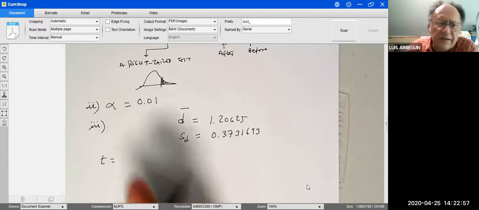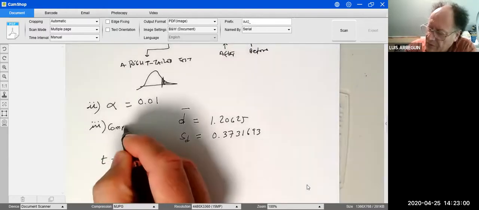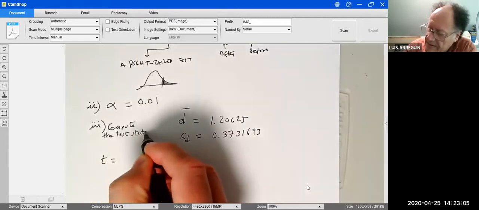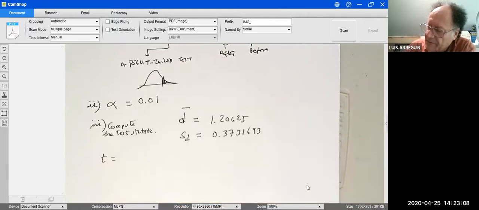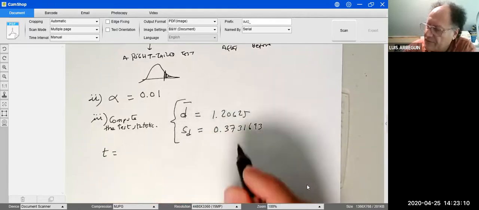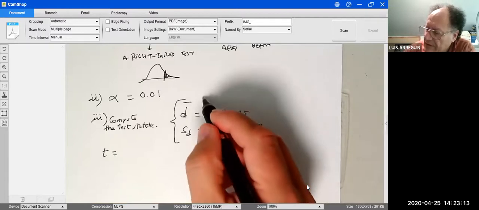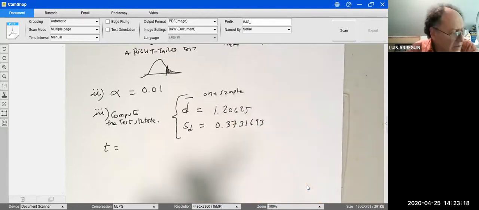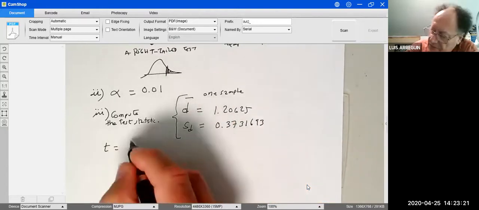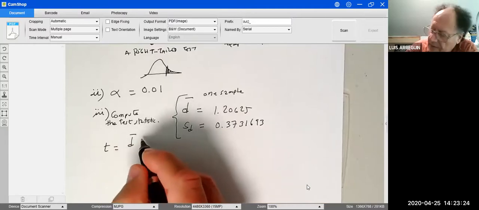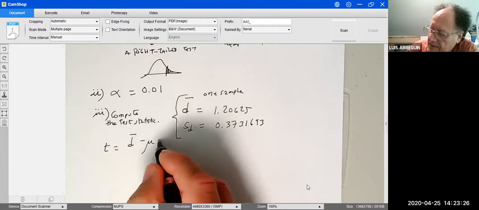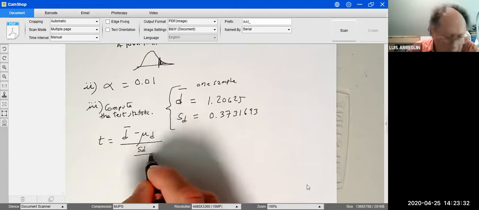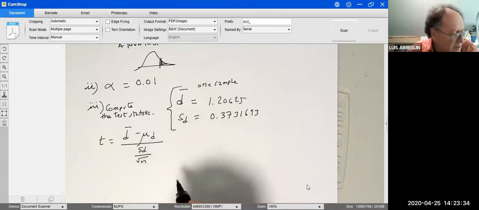So we're going to compute t, the test statistic, by using the information from the sample. This is just one new sample. So t is going to be the mean of the differences minus the mean of the population of differences, over the standard deviation divided by the square root of the size of the sample.